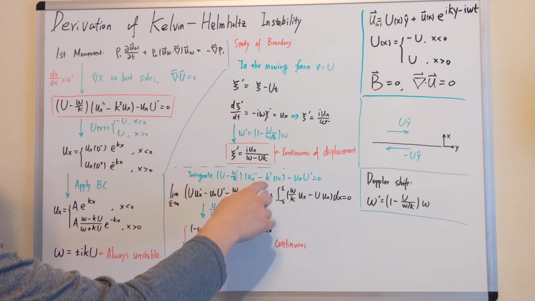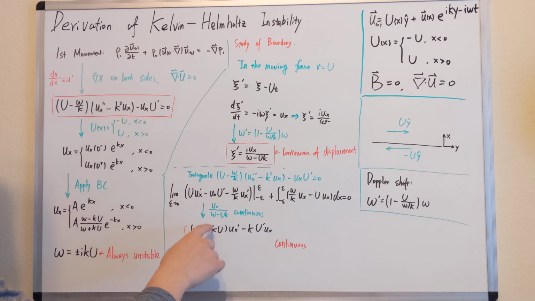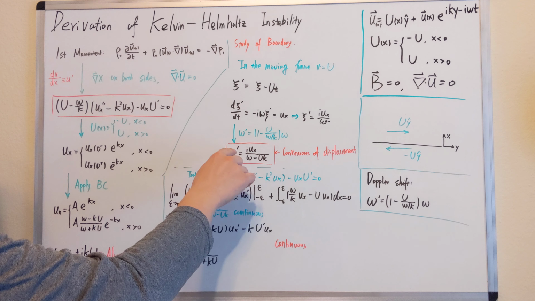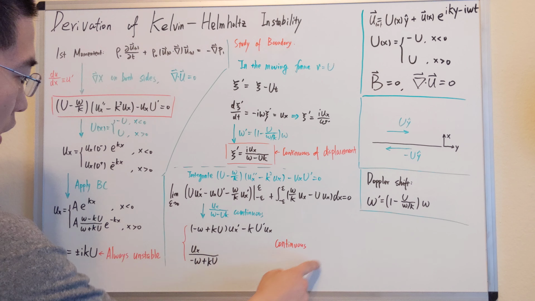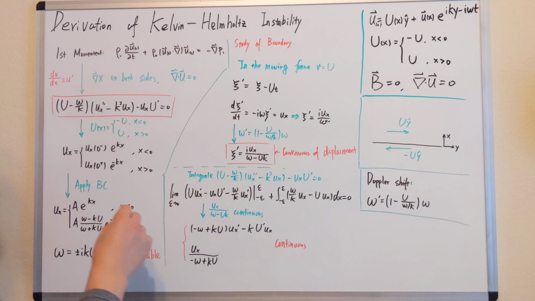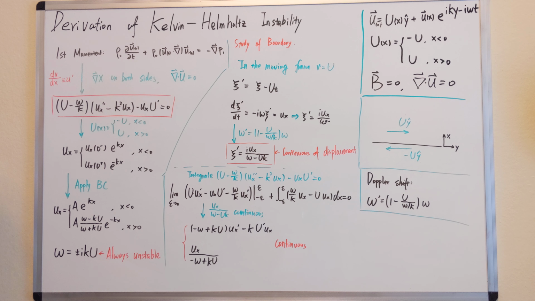So from here, combining this to this, we have this is continuous, and this is continuous. So those are the boundary conditions applied to the thin layer above and below x equals 0.